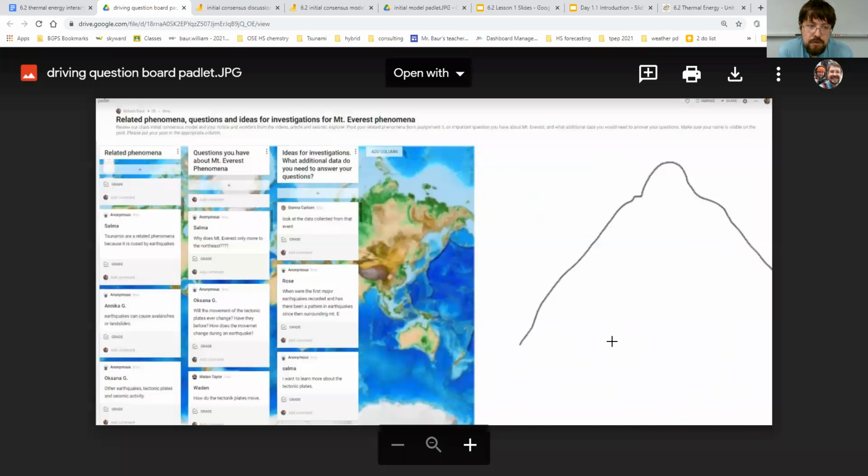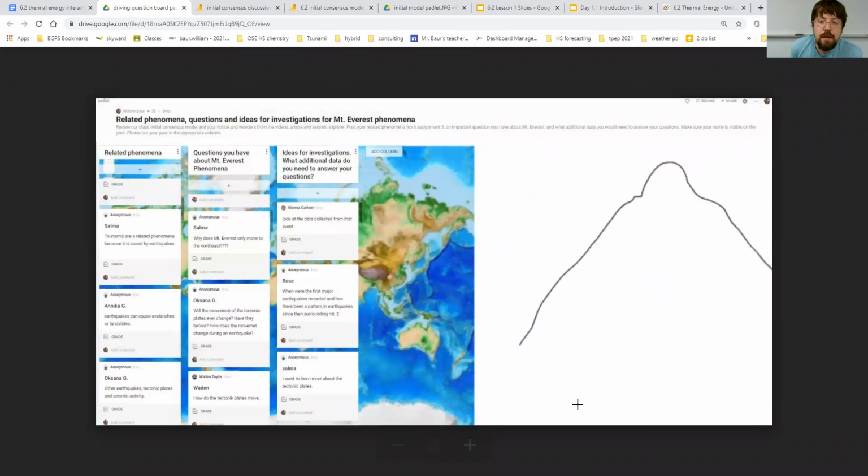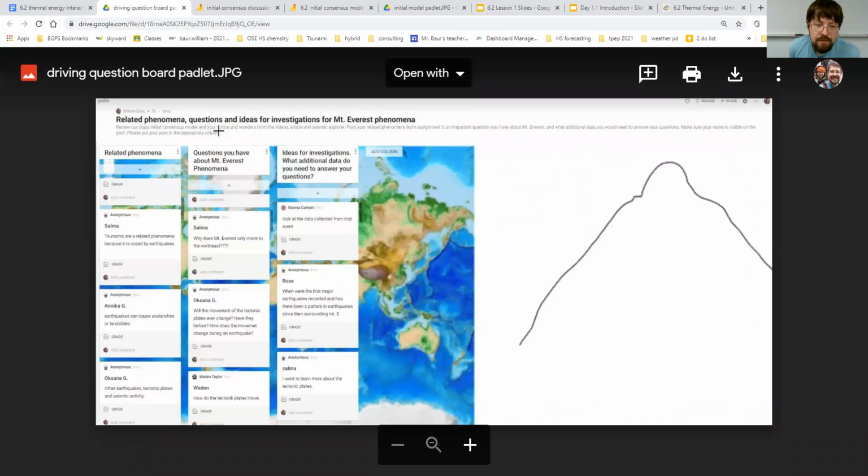And then here's our driving question board and related phenomena, ideas to investigate. You can have these columns here, and students can add their related phenomena to earthquakes, what questions they had, and what investigations they wanted to do.